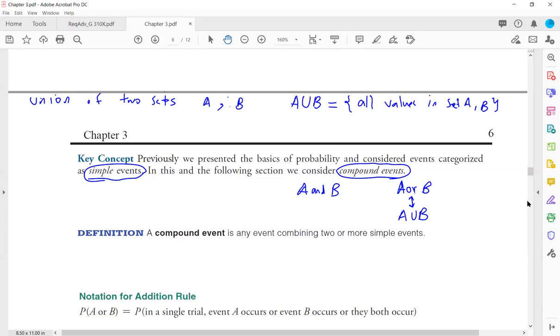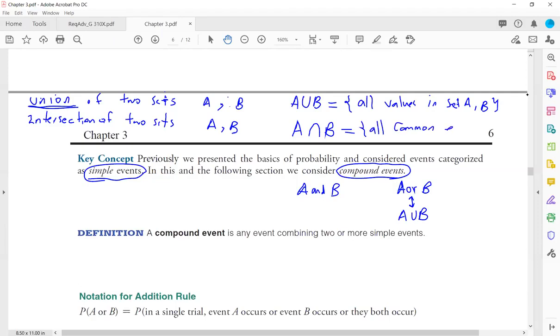Other than union, we have something that we call intersection. The intersection of two sets A, B is denoted by A, upside down U, B, which is all common elements.